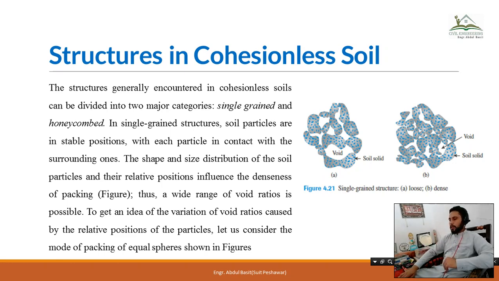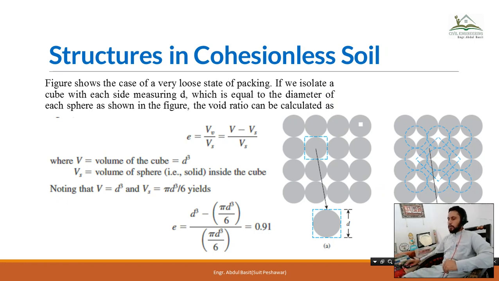Coming to single grain first, here you can see this is the arrangement for single grain soil, where all the grains may have the same size, and it is like an ideal situation where all the grains have the same size, and the openings or the voids between these particles are also of the same type, and the arrangement is in a very regular manner.